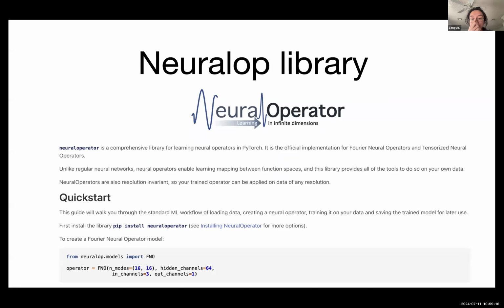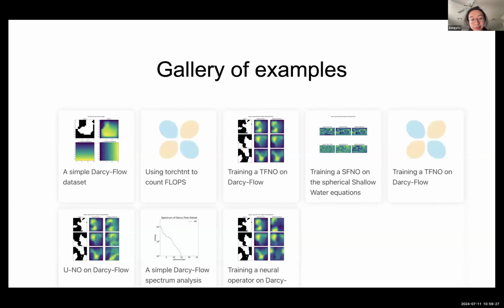And for general neural operators, we also want to introduce the NeuralOp library, available on GitHub. There are several examples for Darcy equations and Burgers equations. They are all in notebook format, very easy to run.